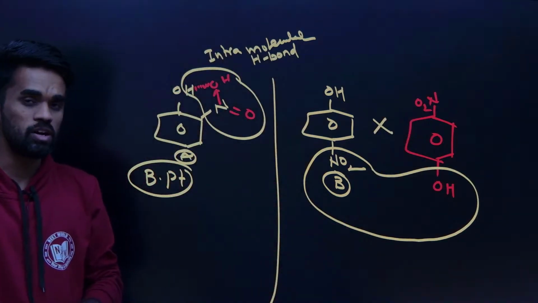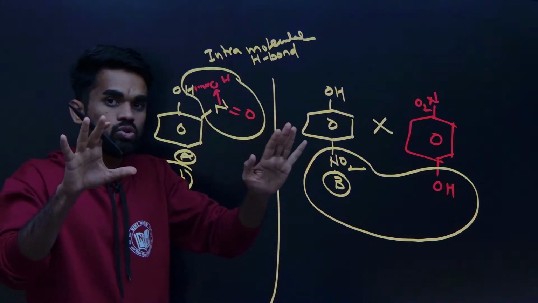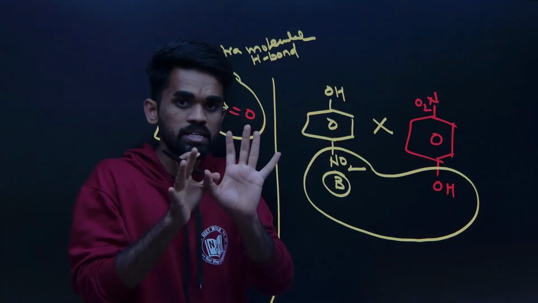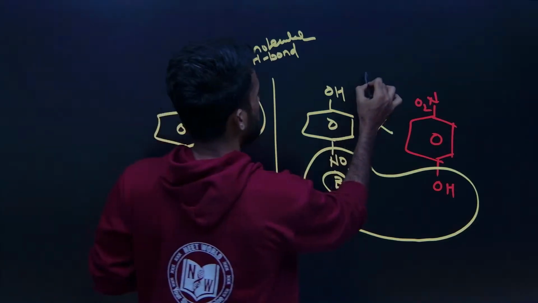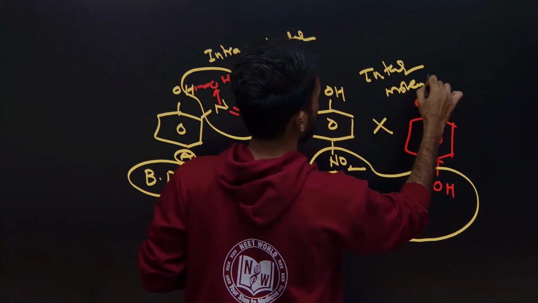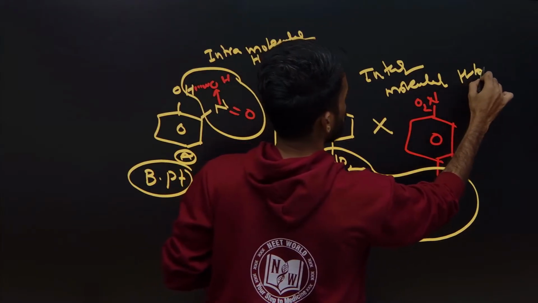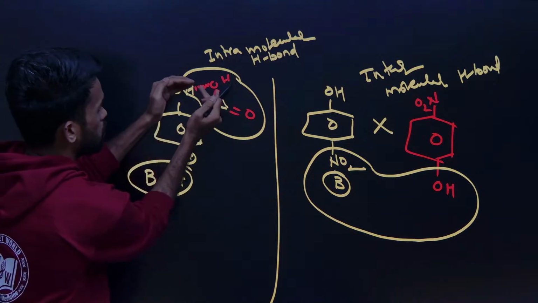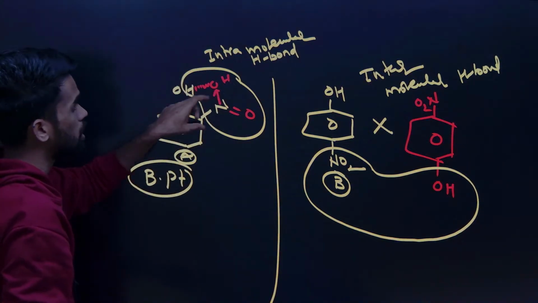If the hydrogen bond is between 2 different molecules, this is one molecule, this is another molecule, then that is called an intermolecular H bond. This one is within the molecule, they are forming within the molecule. So this is intra, that is inter.